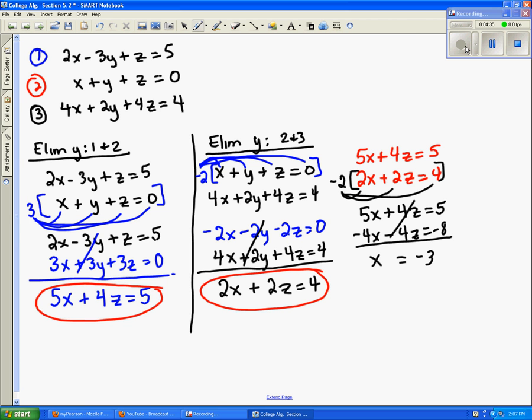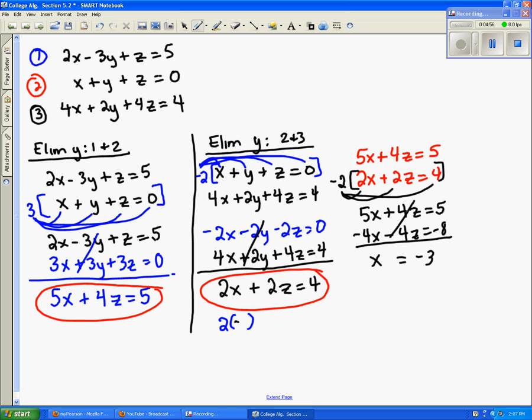Now we said once we got to one variable, we would back substitute. So I take my x, which is negative 3, and substitute it back into either one of these equations. So I'm just going to back substitute it into this next one. So I have 2, and instead of x, I'm going to put this negative 3 right there.